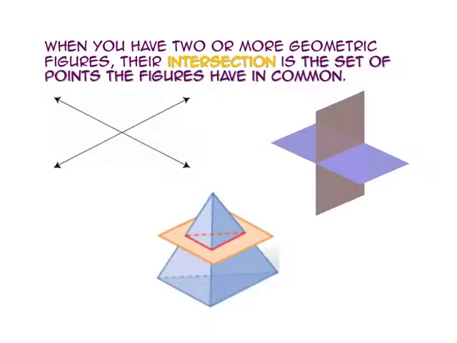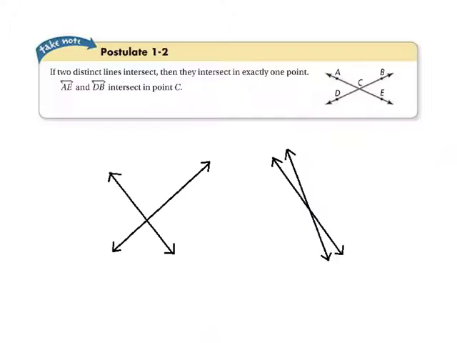An intersection is the set of points 2 or more geometric figures have in common. So here, an intersection of a line, here, an intersection of planes, and here is the intersection of a plane and a solid. Postulate 1-2 states that if any 2 distinct lines intersect, they intersect at exactly 1 point.